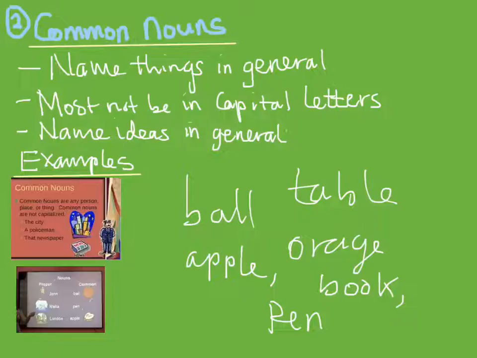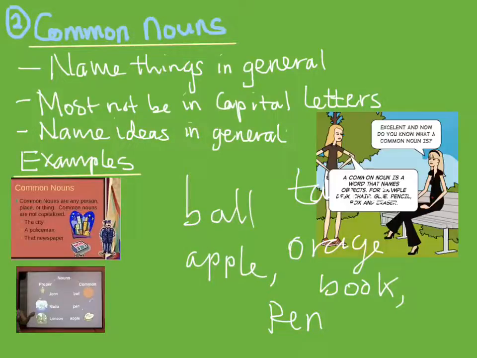They name things that are not very specific, and we must not put them in capital letters. Now that you know what a common noun is, a common noun is a word that names objects, for example, flask, box, and all of that. And those objects must not be put in capital letters.